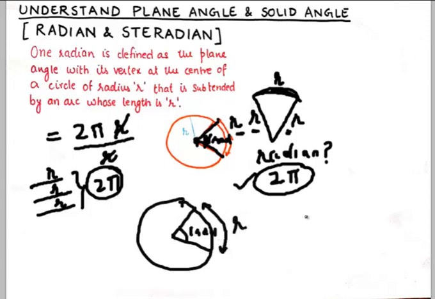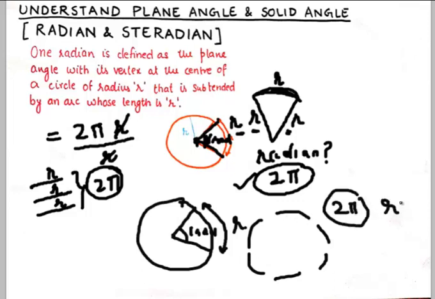So it is pretty simple that if we take up various sections of r, it will constitute one circumference of the circle. And how many sections do we need? We need 2 pi sections of r each to make the circumference of the circle.